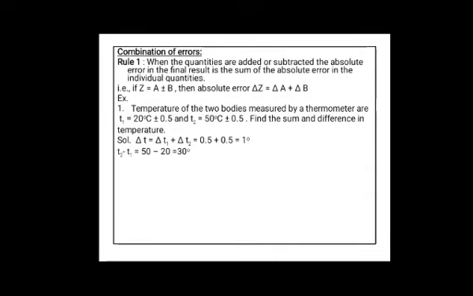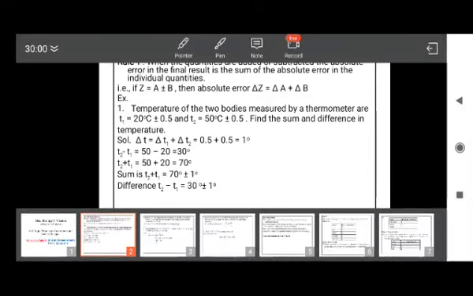Now take the difference t2 minus t1, that is 50 minus 20 is equal to 30. Similarly, take the sum t2 plus t1, you will get 70 degree. Now see, with error how to represent the sum. Sum is T1 plus T2, with error you have to write 70 degree plus or minus 1. Similarly, difference will be 30 degree plus or minus 1 degree. Just observe this one.